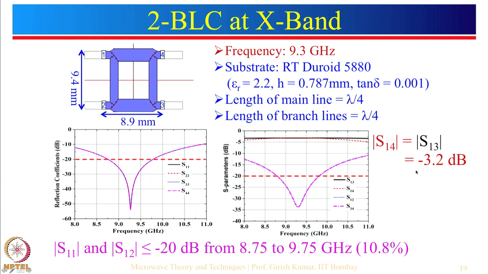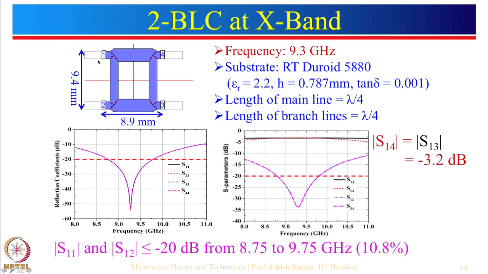Ideal would have been minus 3 dB. There is an additional loss. The main reason is that there are some radiations from these microstrip lines. And of course, there will be small conductor loss and very small dielectric loss.